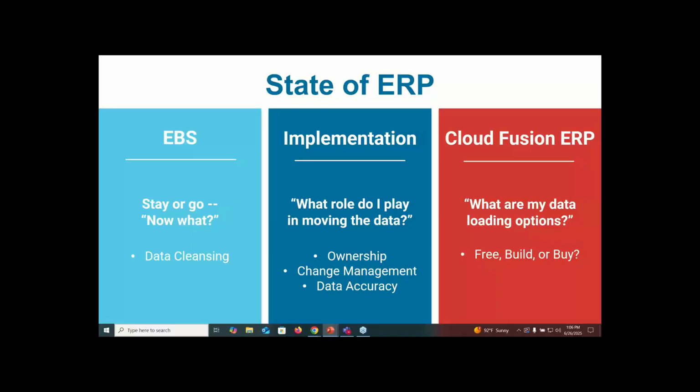In the implementation phase, this is where chaos may start to consume the business. And what we find is that companies that have their consultants that maybe make that initial load into the Cloud Fusion ERP now start getting involved with validating the data and updating the data, finding and fixing the data errors.